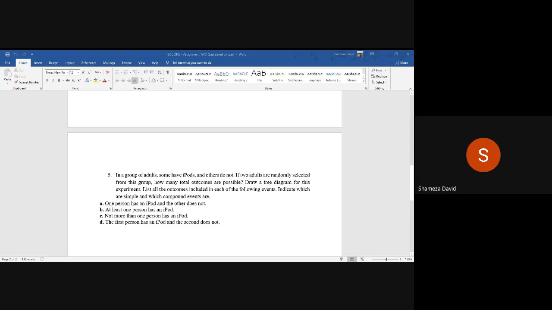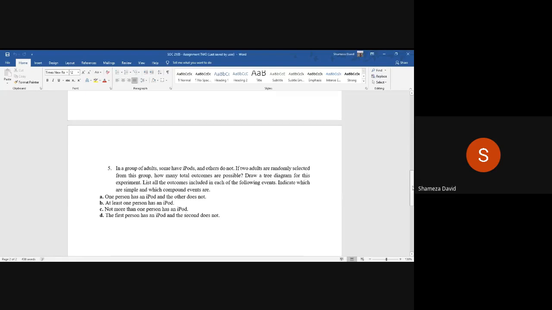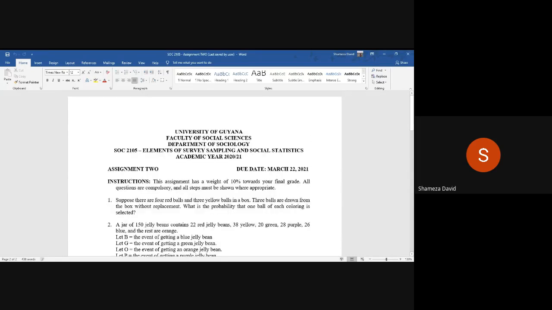Right. So those are the pointers I can give you for now regarding the assignment. If it is that you have other questions after going through it, then you can bring those to the tutorial next week, or Saturday. So remember, I can't solve the questions for you, but if you have a problem with interpreting the question, that I would gladly assist with.